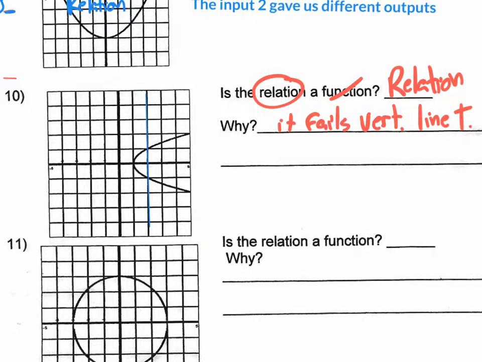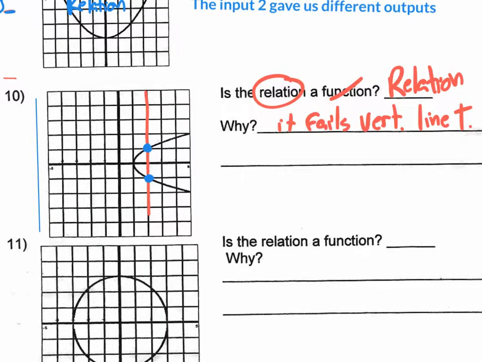Or you could even get really fancy and you could say the input 2 gave me 2 different outputs, +1 and -1, right? From the origin, the input, the x value of 2, has 2 y values right on top of each other.